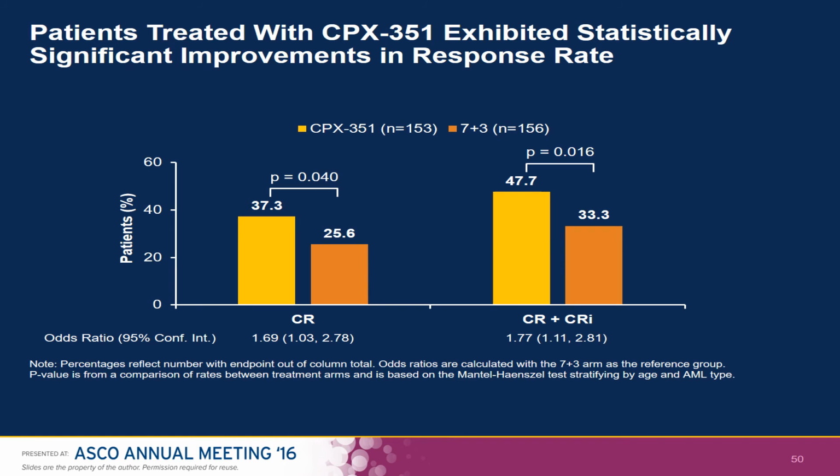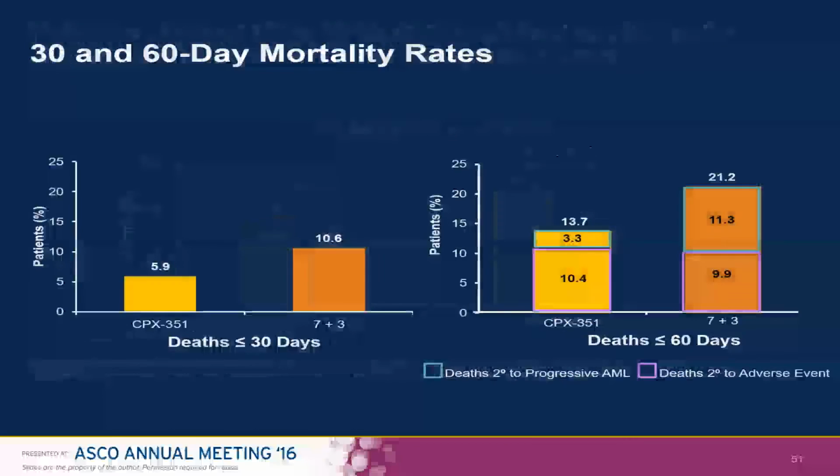And the 2 groups, as you would expect from these randomized trials, were very well balanced and well matched in terms of their pre-treatment characteristics. And they did meet their primary endpoint of survival. There was a significant difference in overall survival in favor of the patients who had CPX-351 as opposed to the 3+7 regimen.